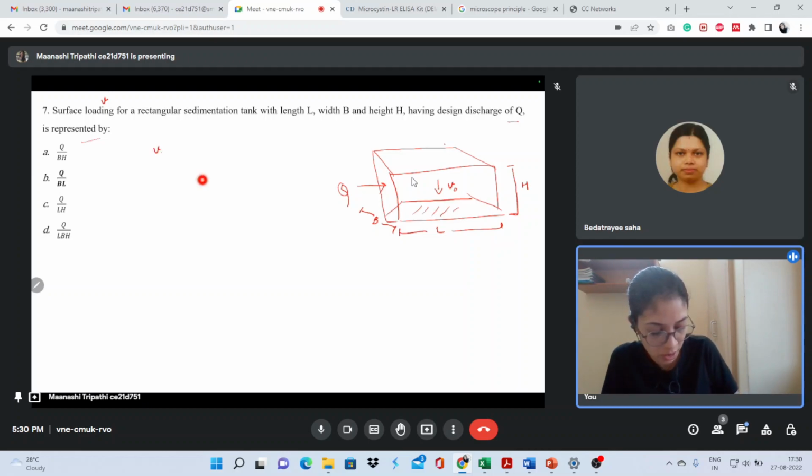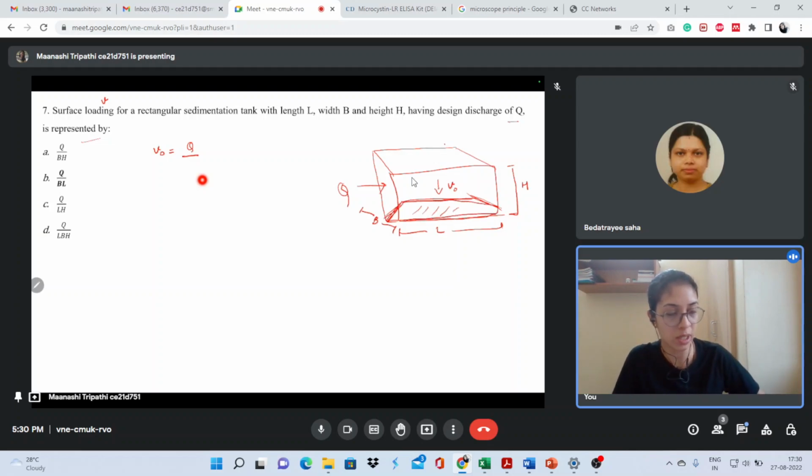So surface loading rate will be, how much water is coming, Q is coming, and the direction of velocity is downward. So what dimensions will we use?